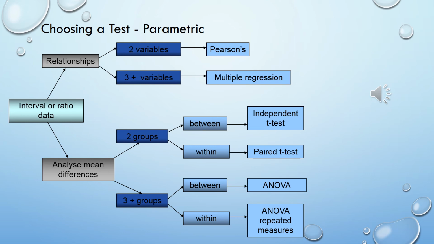Now we need to think, how many groups have I got? If it's 2, okay, then we need to decide whether we have a between or within subjects design. Okay, ultimately, if it's between, independent t-test, if it's within, paired t-test, and the same on the bottom, 3 or more. Between or within will dictate whether it's an ANOVA or a repeated measures ANOVA. Okay? So it's a nice little illustration there which tells you which test to do at the end.